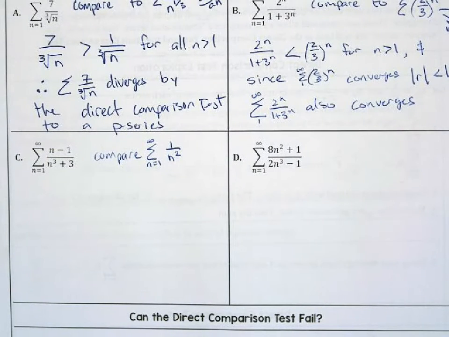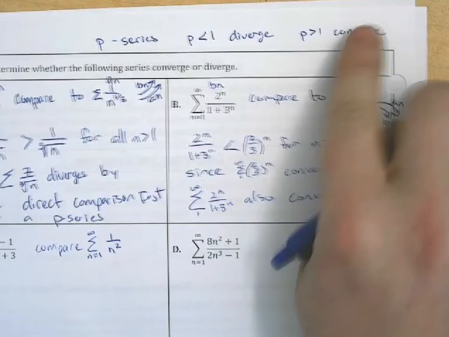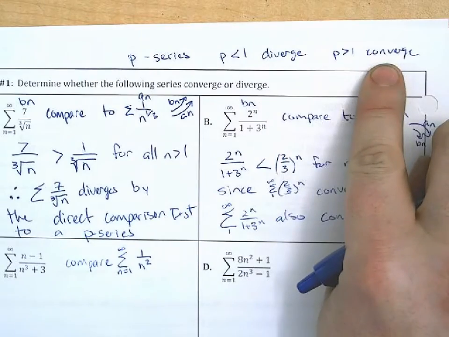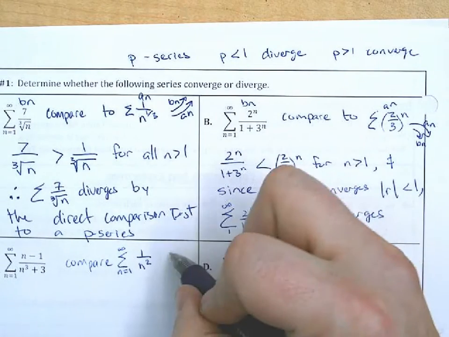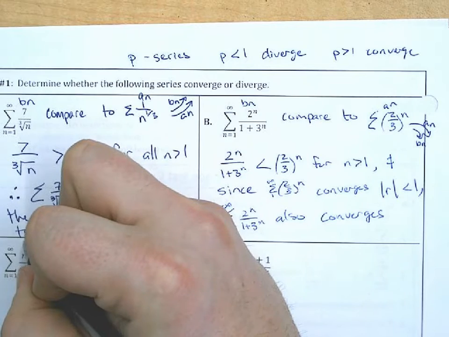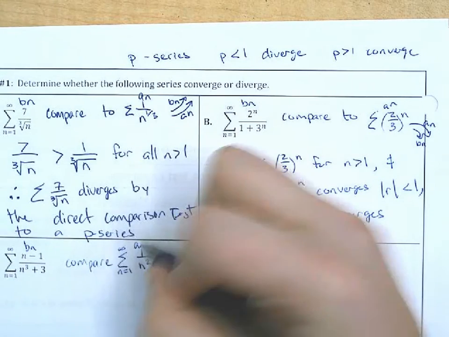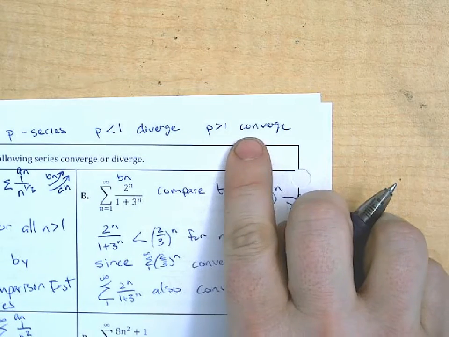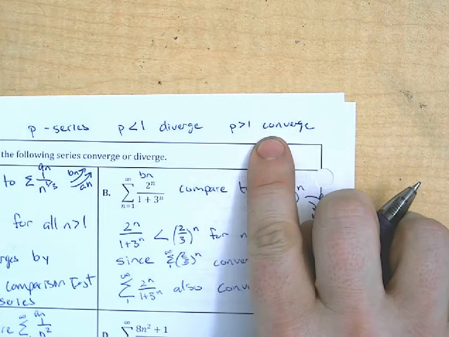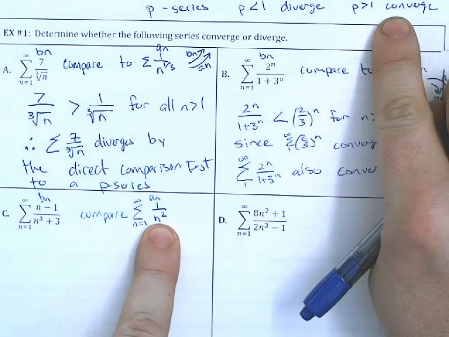And what do we know about 1 over n squared? It converges. So we know our p-series converge. 2 is greater than 1.